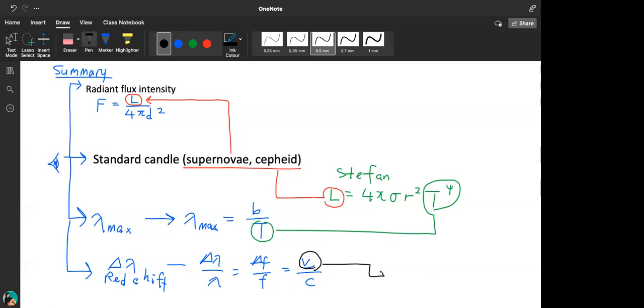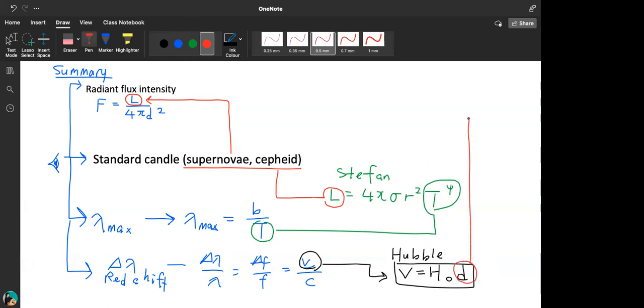Once we get the v, most probably you're asked to find the distance. v equals H times distance, from the Hubble. And then this distance also can come to here.